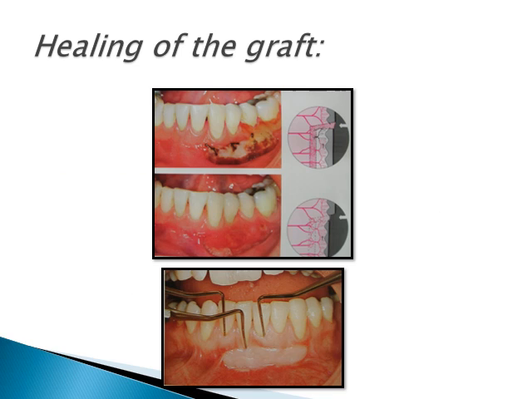This is 3 to 4 days after surgery, this is after 7 or 10 days, and this is after 5 years of healing. You note that the pale color of the graft remains, and this is one of the disadvantages of the free gingival graft.